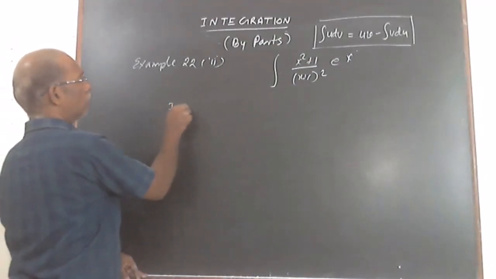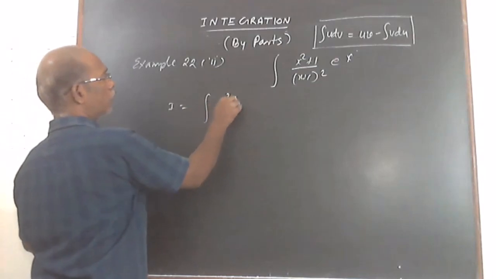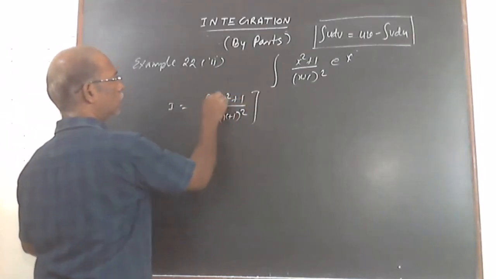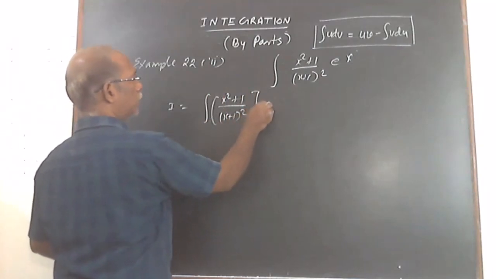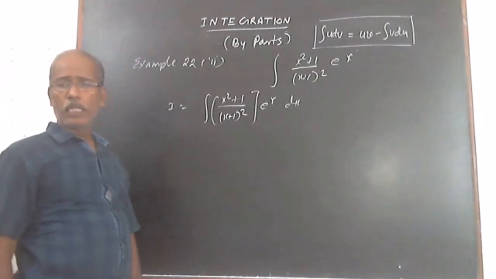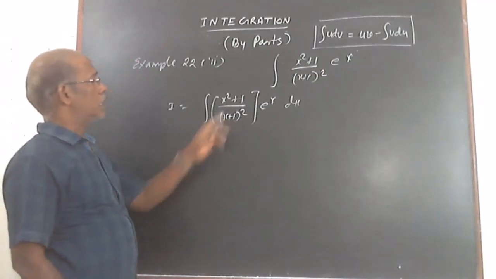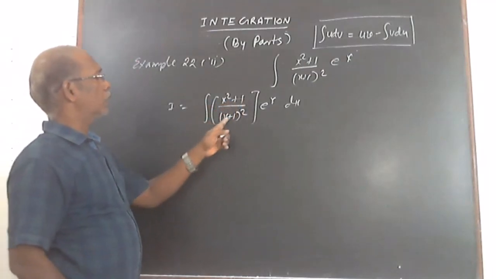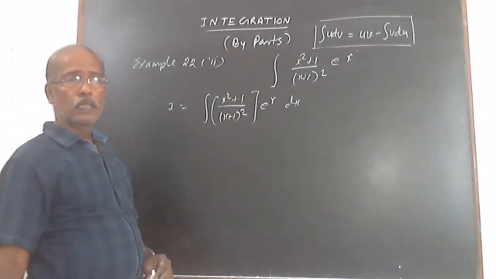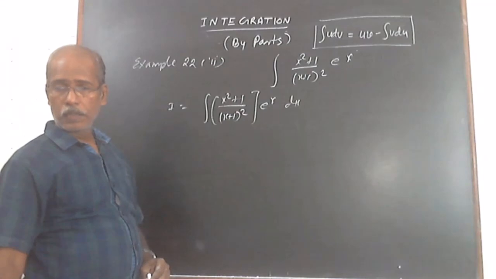I equal to integral of x square plus 1 by x plus 1 the whole square into e power x. We have to restructure x square plus 1 by x plus 1 the whole square in the form of the sum of f of x and f dash of x.